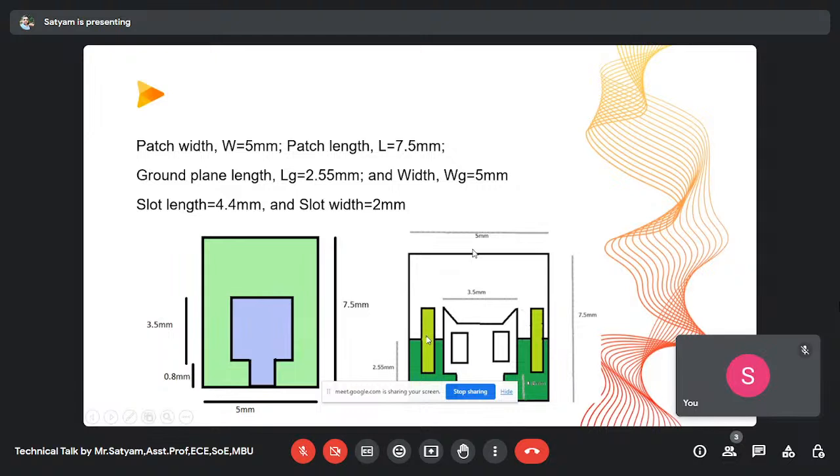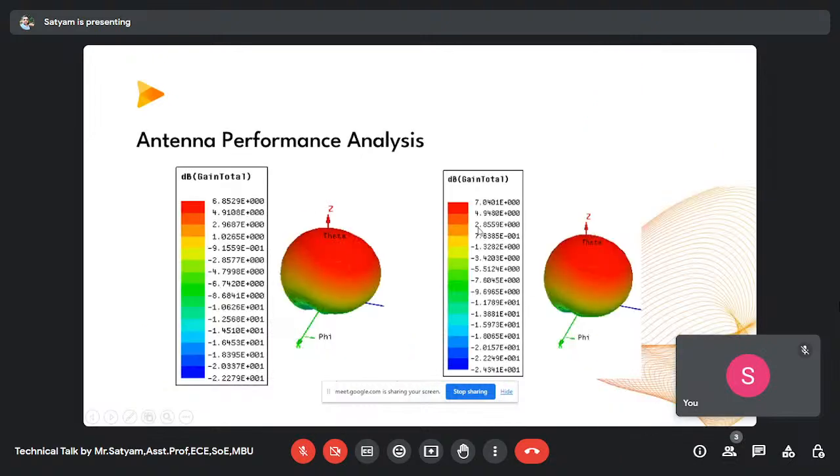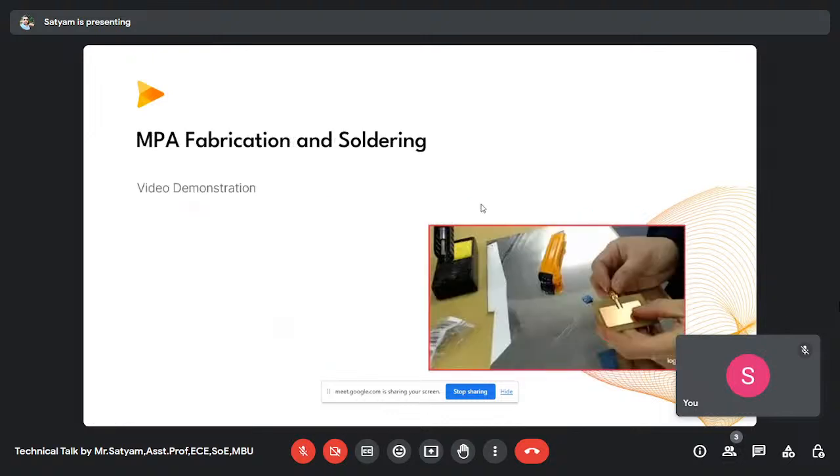This green thing you see is the defected ground structure. Actually, the ground should cover the total thing, but it is not covering the total thing, right? That is what defected ground structure means. When we put all these three, parasitic patch, slot, and DGS, we get a higher gain, that is 7.04 dB, right? So this is the gain enhancement. Performance has been enhanced, right?